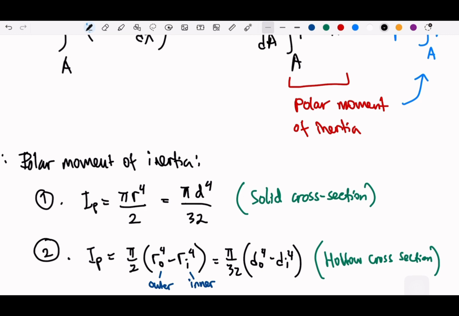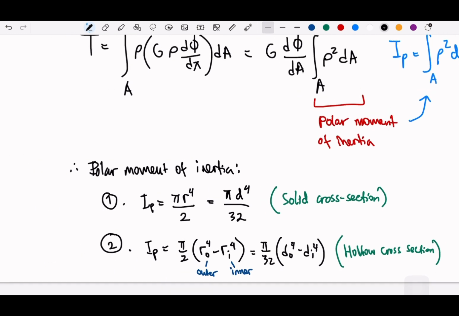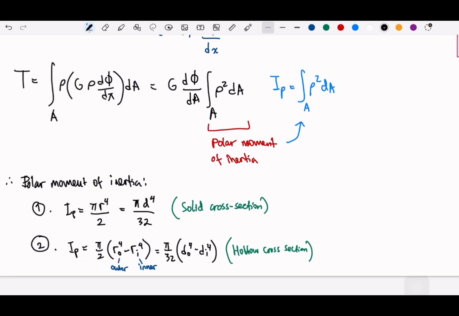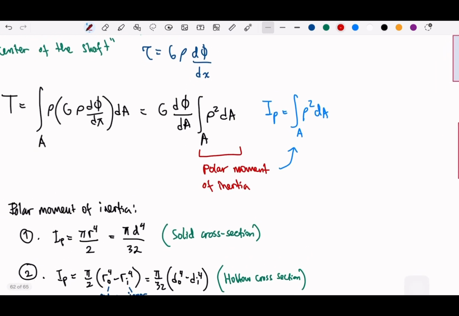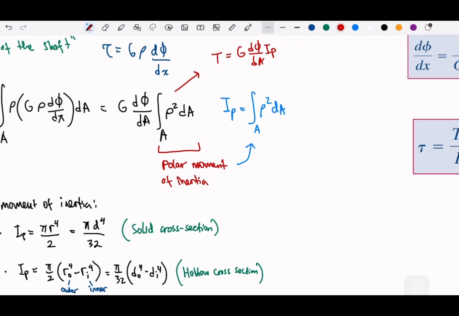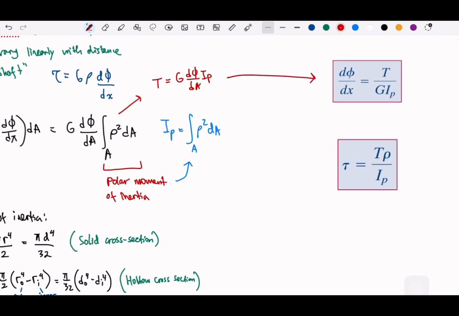And then we can simplify the descriptions. From that description, we can write T equals G, d psi dx, and then the inertia, and we can rewrite this simply as that.